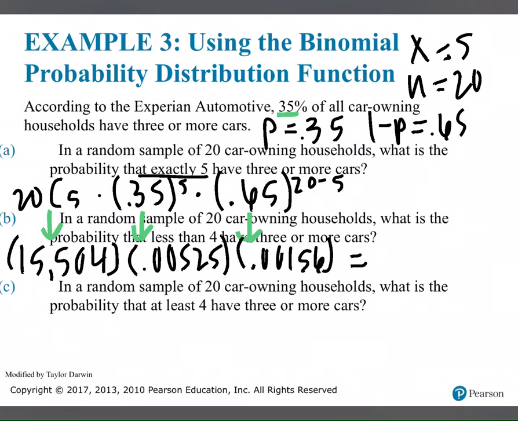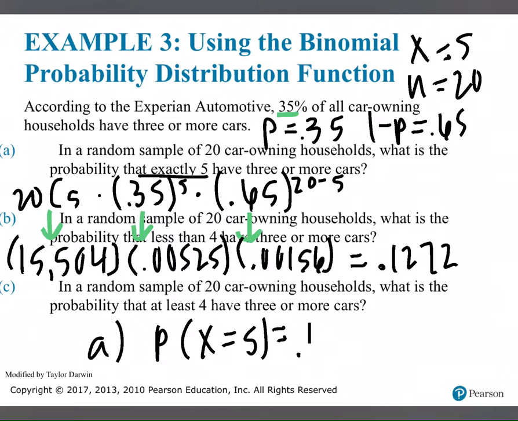Multiply all those together, I get 0.1272. I'm still on A. So the answer is the probability that X is exactly 5 is 0.1272.